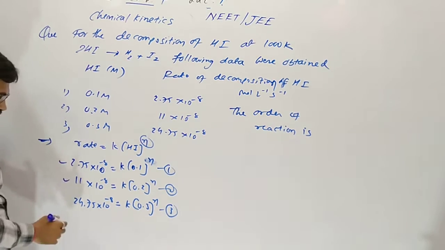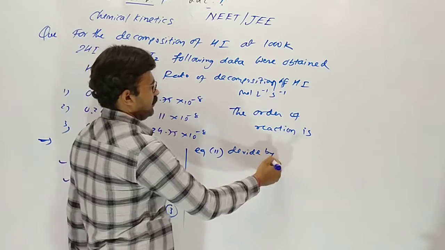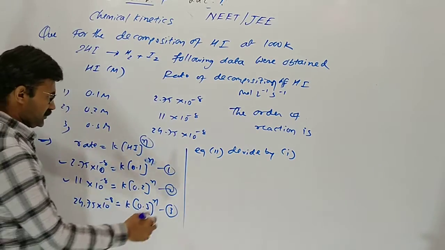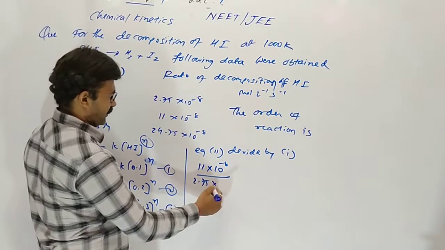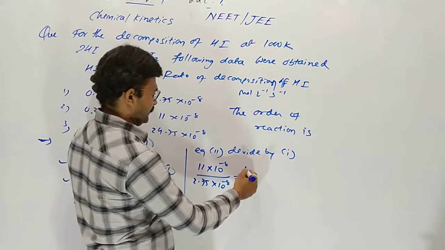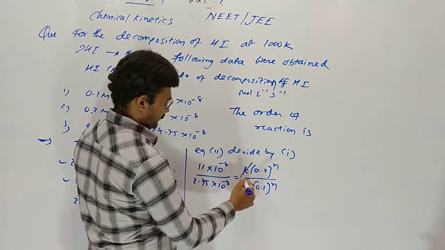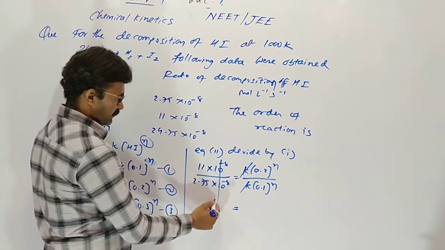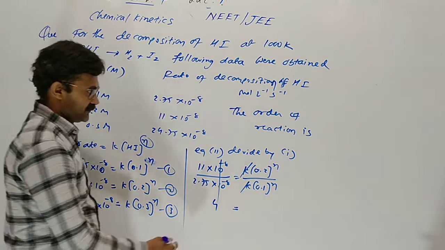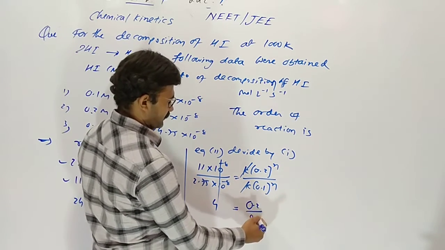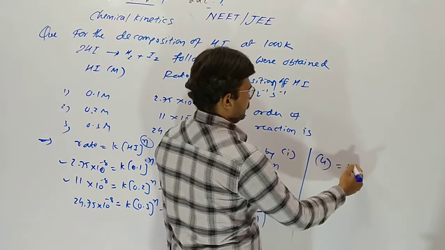From the second and first, equation 2 divided by equation 1: 11 into 10 raised to minus 8 upon 2.75 into 10 raised to minus 8, equals k 0.2 raised to n upon k 0.1 raised to n. k cut, so here it will be 4. 11 divided by 2.75 is about 4, and 0.2 upon 0.1 all raised to n, so 2 upon 1, so 2 raised to n.